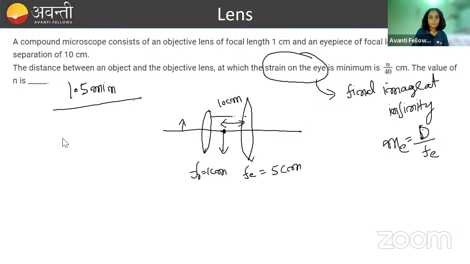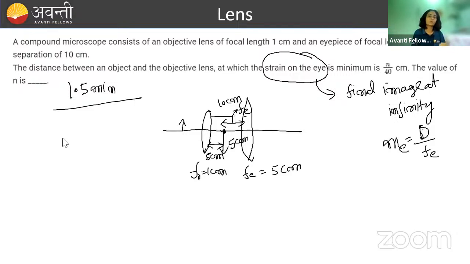So this distance must be equal to FE. Now, if this is equal to FE, then this will become 5 centimeter. And this whole length is given as 10 centimeter. So if that whole length is 10 centimeter, this distance will be 5 centimeter.